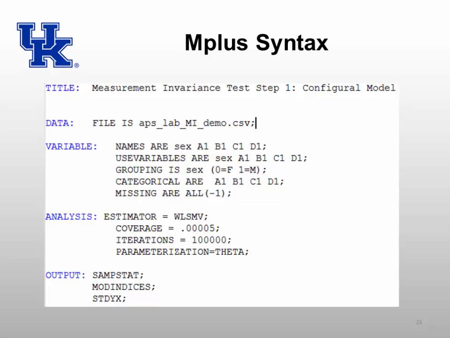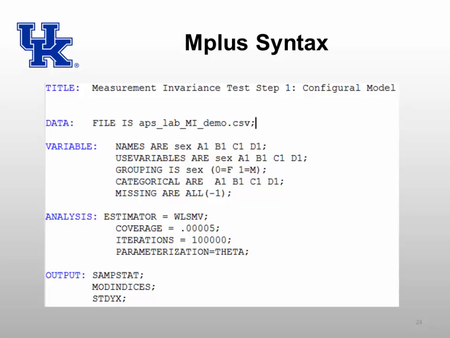Okay, here is the syntax we used to test the configural invariance model. So this is the first part of the syntax. All the syntax belongs to one file, but I separated them out for demonstration purposes. So basically, we give a title to the syntax, and we specify the data.